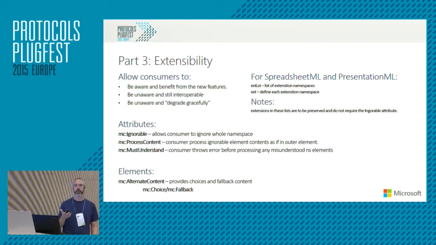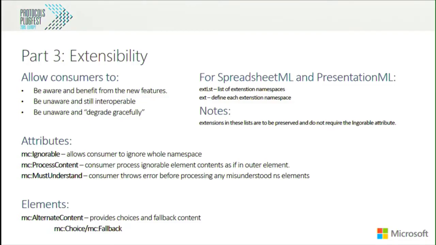And if I know that maybe other applications don't understand that, I can mark it as ignorable. That means that other applications don't have to even treat it as anything. Now they may not preserve my markup, which is in that namespace, but they can at least ignore it.